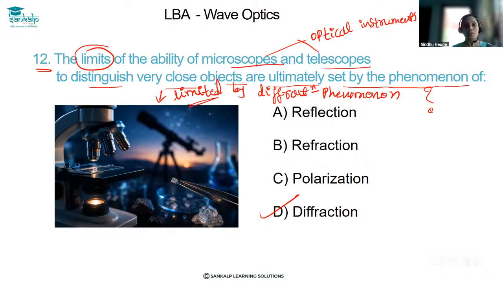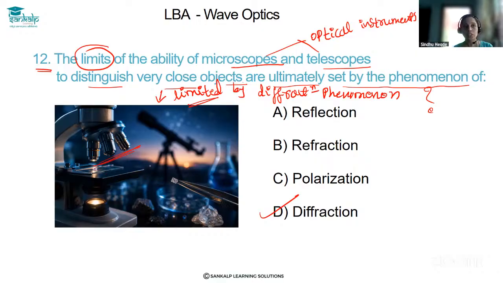Here, when light waves pass through the aperture of a lens, this instrument consists of lens, they spread out and create a blurred pattern, not a clear pattern.